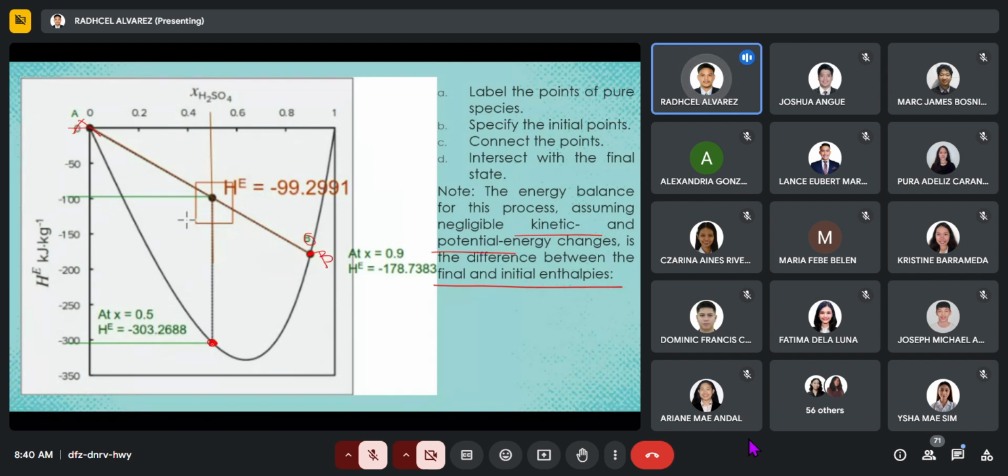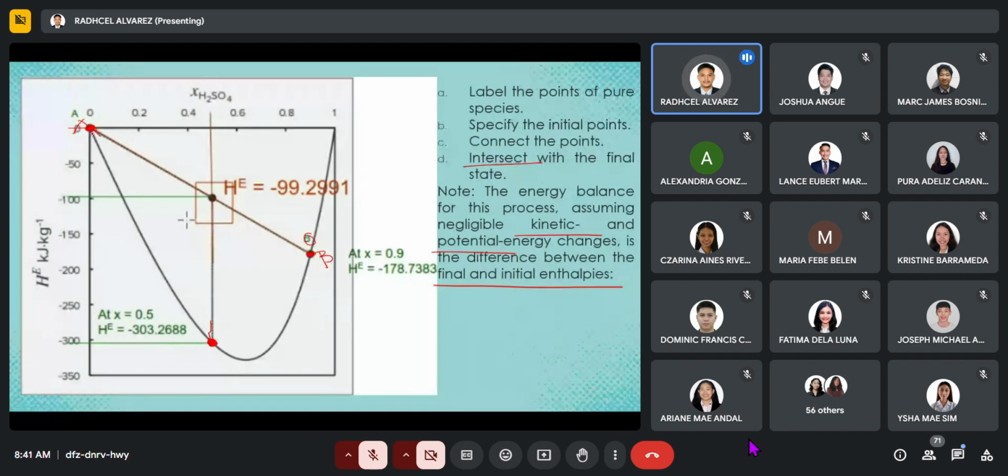So para malaman mo yung iyong final point, kokonekta mo yung ating tatlong points, yung ating initial point na pure species, etong ating given na 90% concentration at itong final state na dadalhin mo siya ng 0.5. So, igagraph mo siya patuwid, itong line na to, tuwid na line, and then hahayaan mo mag-intersect yung tatlong yon.